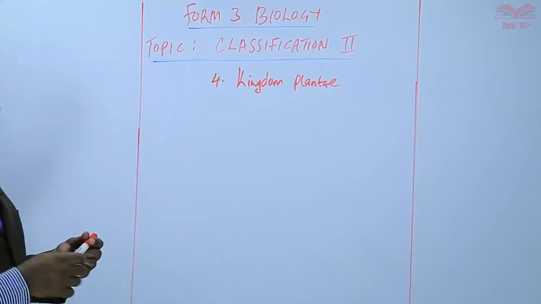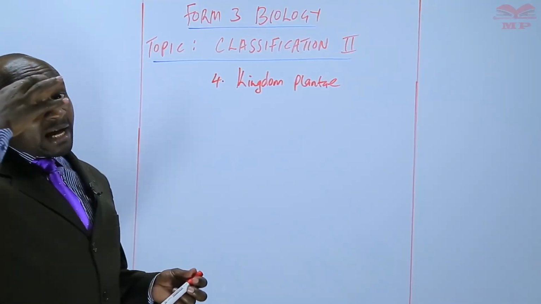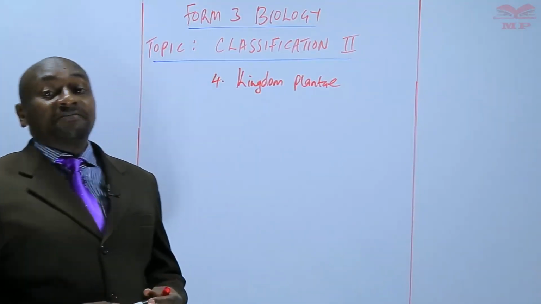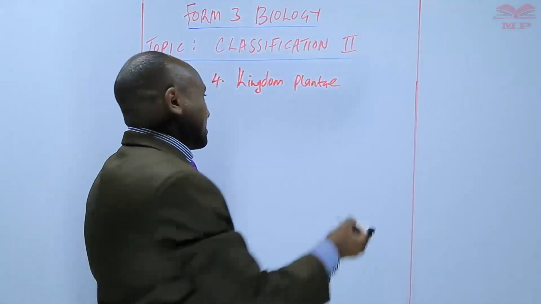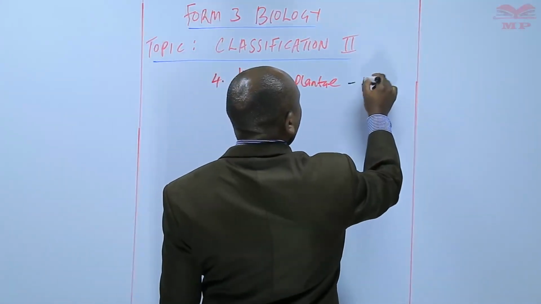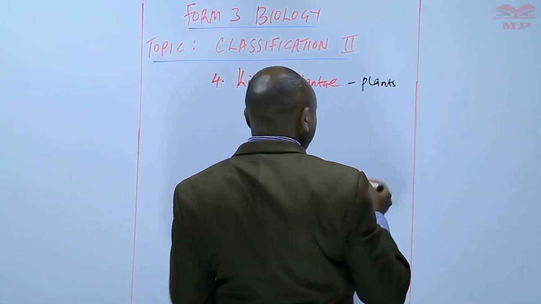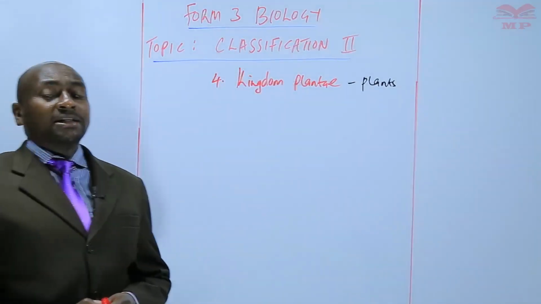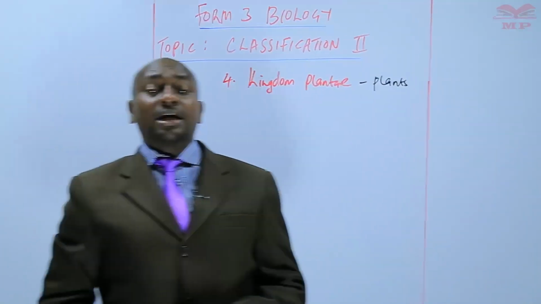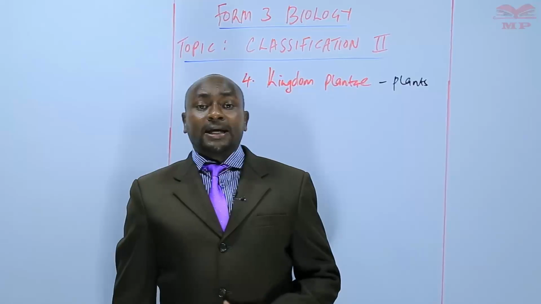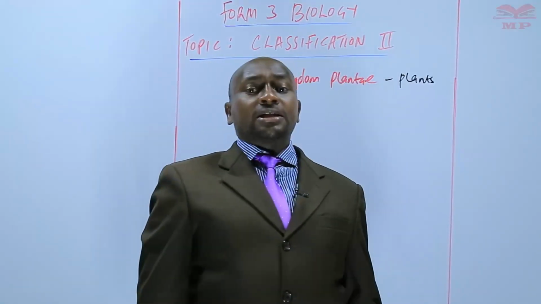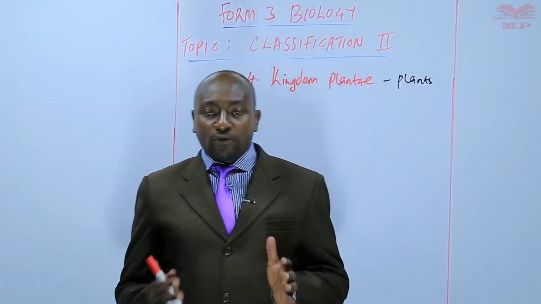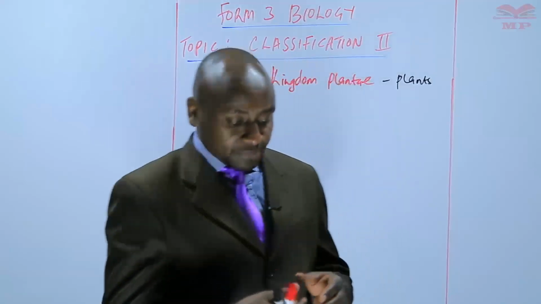Now, in Kingdom Plantae, this is where we have all the different categories of plants. So generally, we have the plants here. And before we look at the specific plants that we have in the Kingdom Plantae, it is important to have a summary of the entire kingdom.